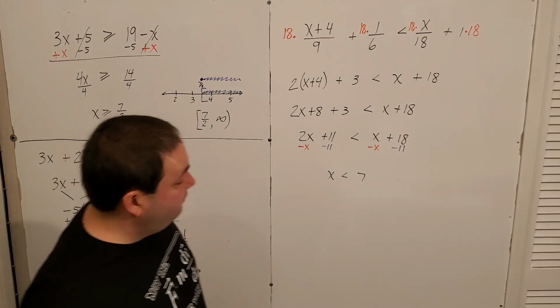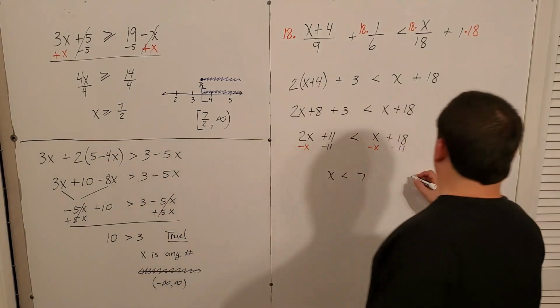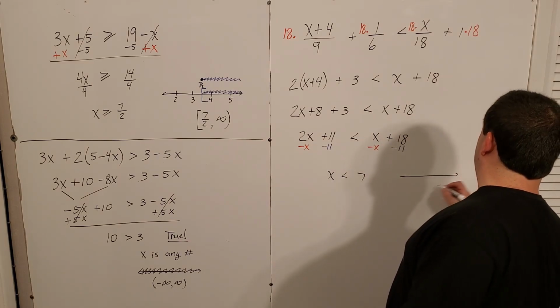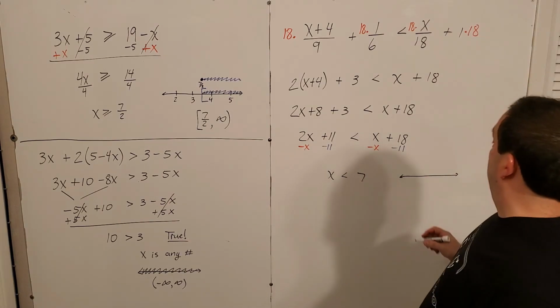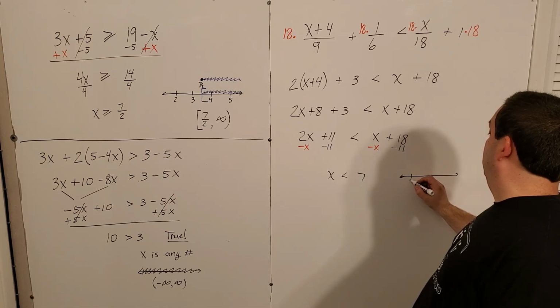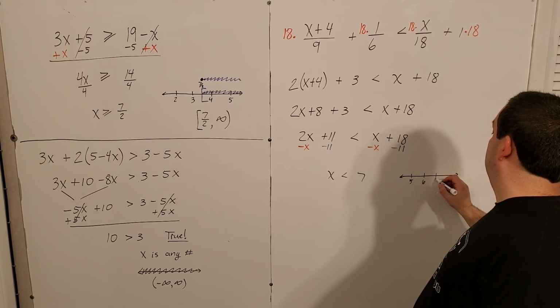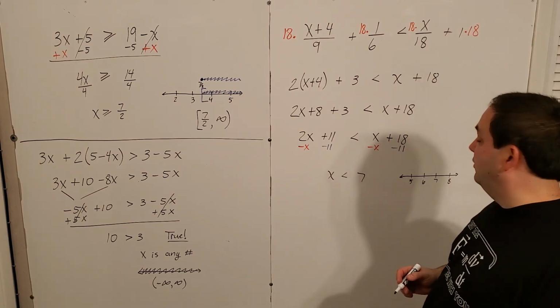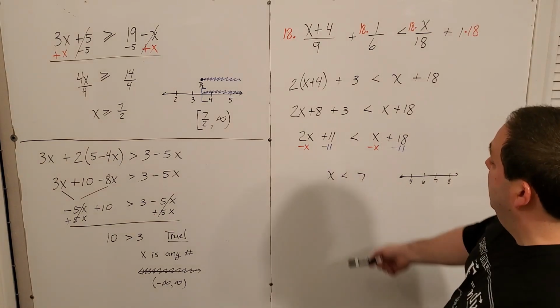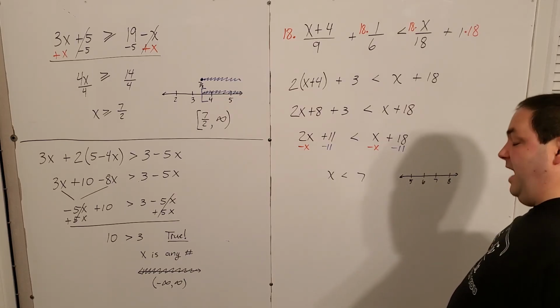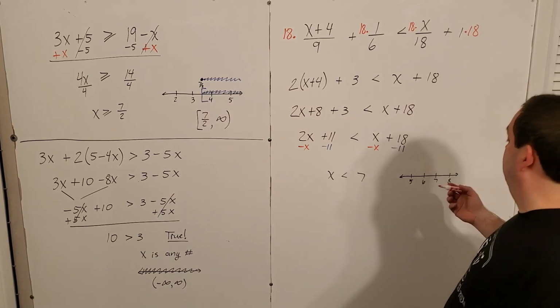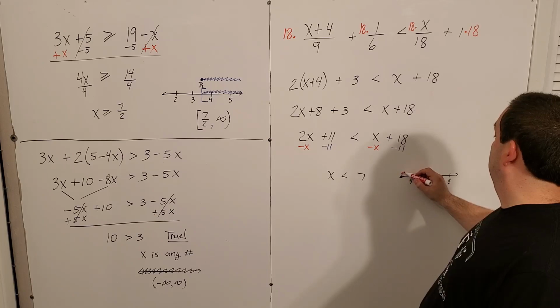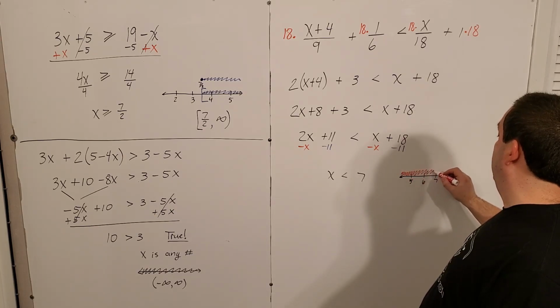So then I need a graph and an interval notation. Okay, so on a graph, just quick and dirty, right? 5, 6, 7, 8. Just need a few numbers on there to give it some reference points. And then it's less than, so that should be everything to the left, but not including.